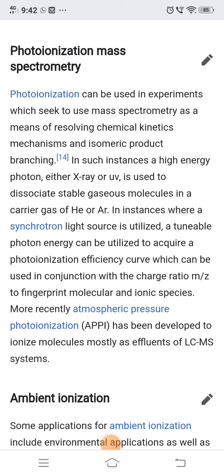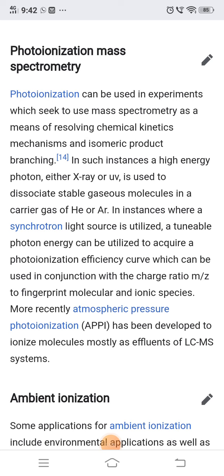A tunable photon energy can be utilized to acquire a photoionization efficiency curve, which can be used in conjunction with the mass to charge ratio to fingerprint molecular and ionic species.